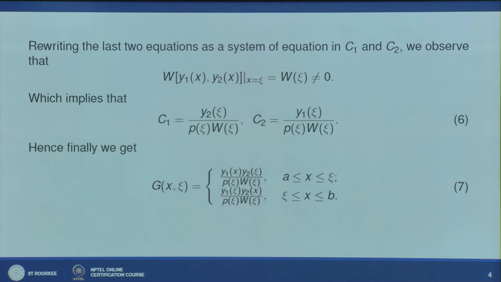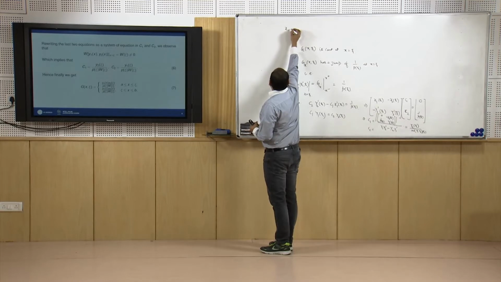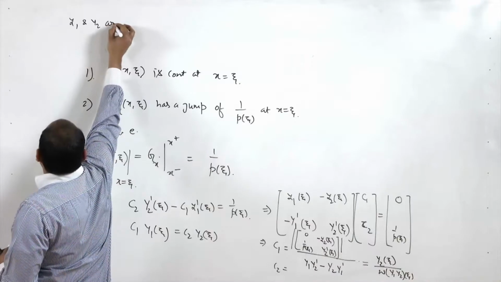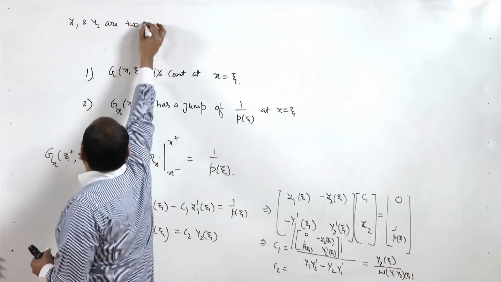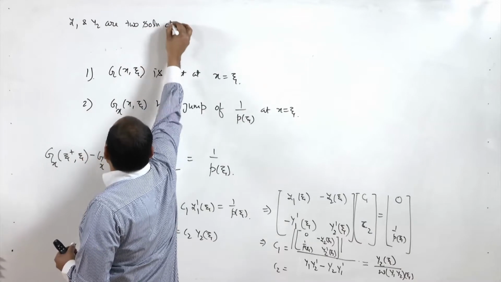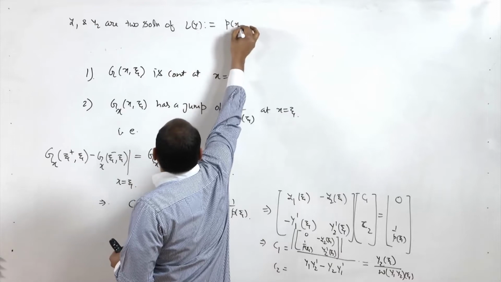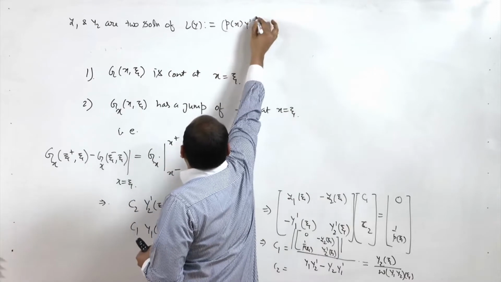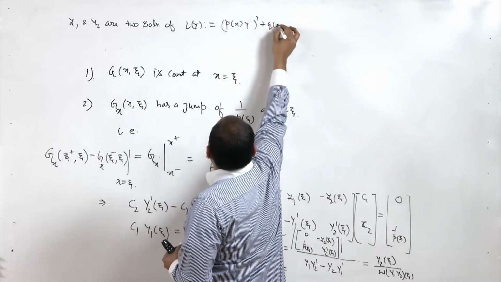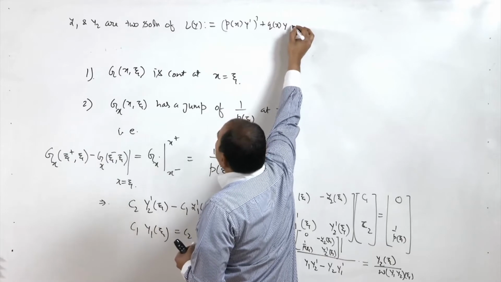If you remember, we have assumed that Y1 and Y2 are two solutions of Ly, which is defined as (P(x) y dash) dash plus Q(x) y equal to 0.